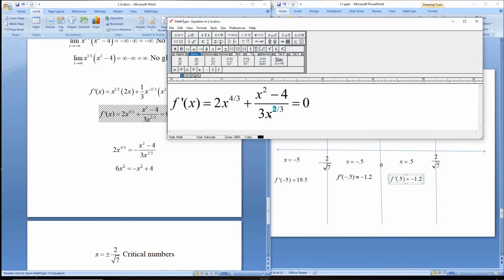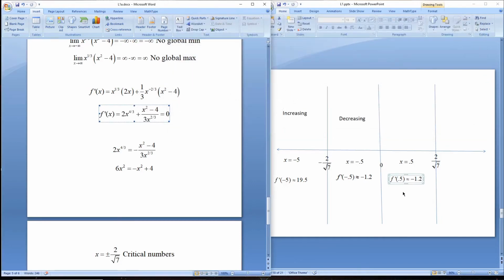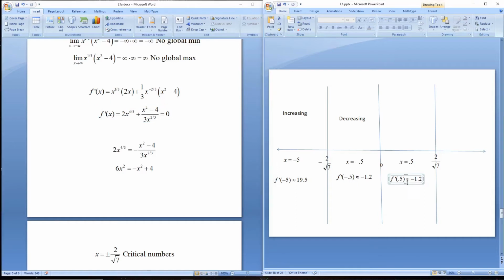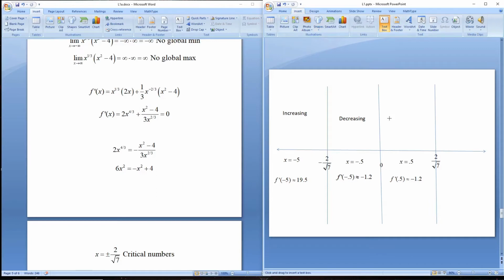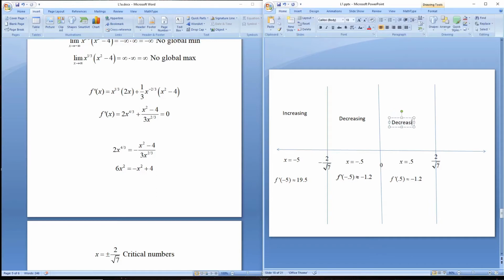This squared will also take out any negatives here, and this fourth power will also take out the negatives here. So that means there's a nice symmetry happening here. And this derivative is negative, which means this region must be decreasing.